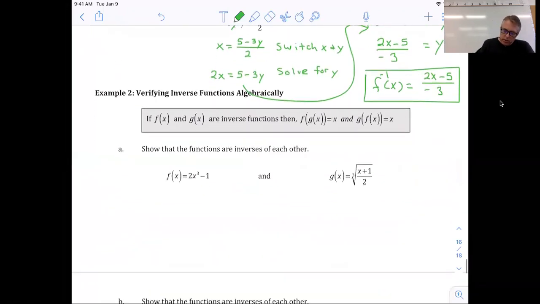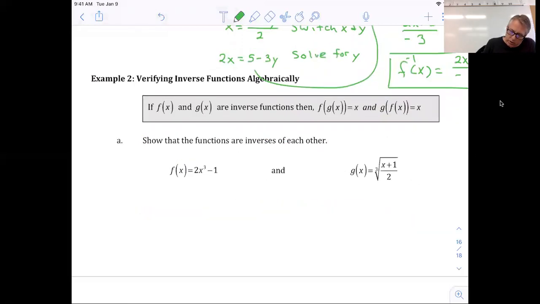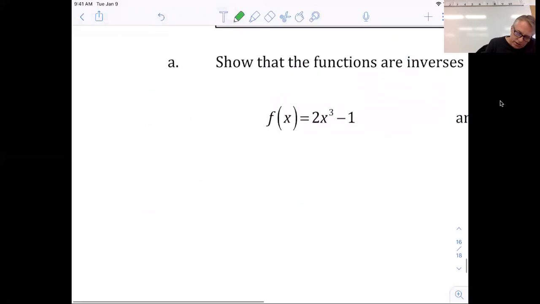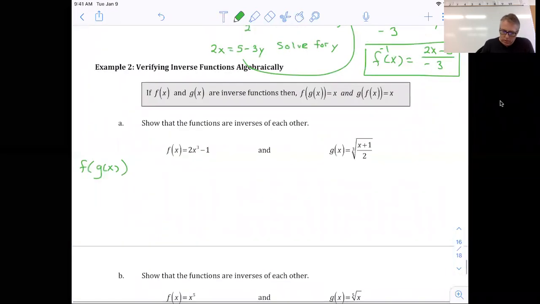All right, so if we want to show that functions are inverses, here's how we show it. We have to show that f of g of x equals x, and that g of f of x equals x. Now, here are our two functions. So the first thing we're going to do is find f of g of x.